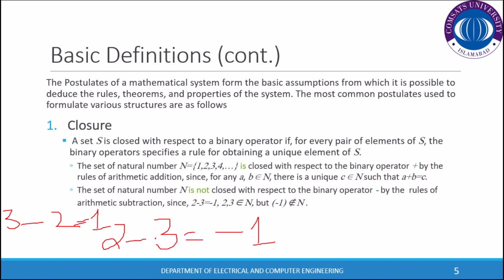It means that if I perform a binary subtraction operation on any pair of elements of N, it is not necessary that the result will also be from the set N. Whereas when I perform the binary operator plus, that is arithmetical addition, on any pair of elements from N, it will give us a unique number, and that unique number will belong to N. So in this way, closure means that if we perform an operation on any pair of elements from a set and the result is again from the set, then it is closed with respect to that binary operator.